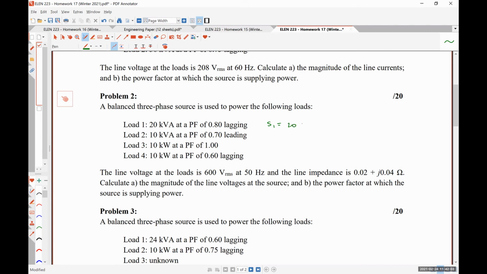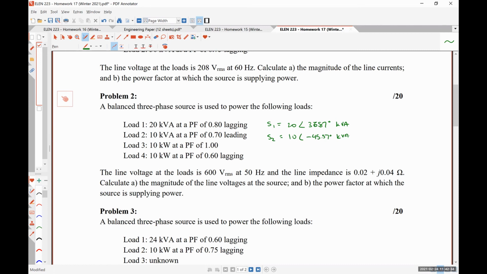Okay, so S1 is 20 kVA at 36.87 degrees, with a power factor of 80%. S2 is going to be 10 kVA with an angle of negative 45.57 degrees because it's leading, right?